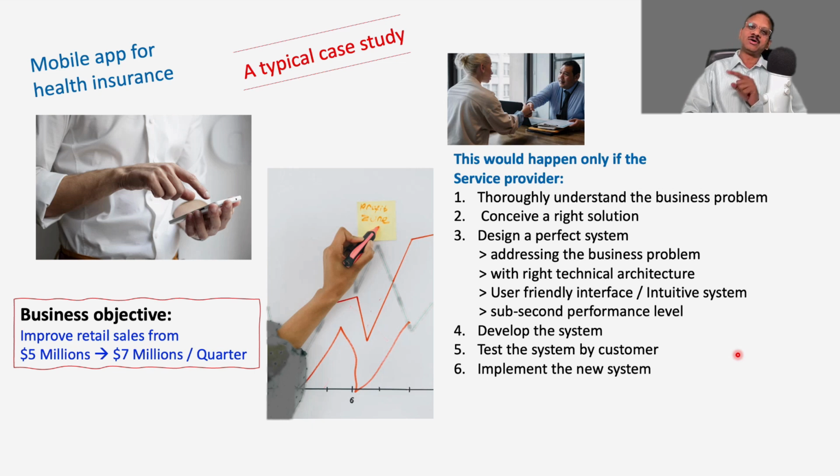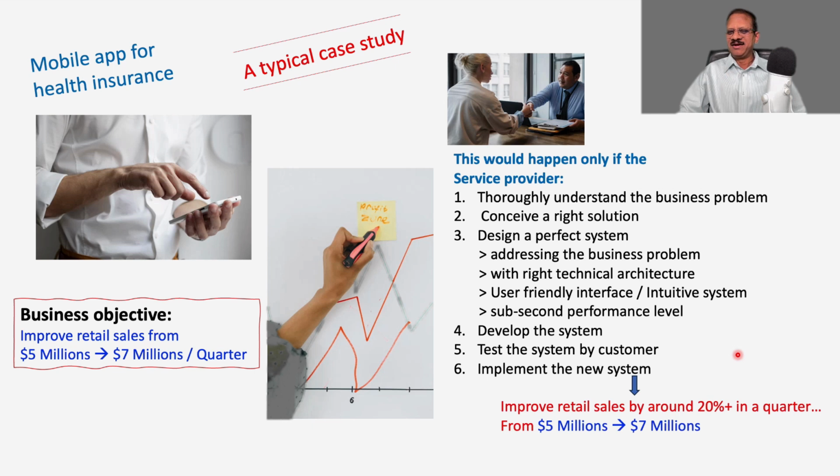But in the case of the outcome based pricing model, there is one more step: improve retail sales by around 20% in a quarter, from 5 million to 7 million. Your job is not over just by providing implementation support or warranty support. You are also there with the customer till it is implemented successfully on the ground, and you measure the actual quarterly sales improve from 5 million to 7 million.